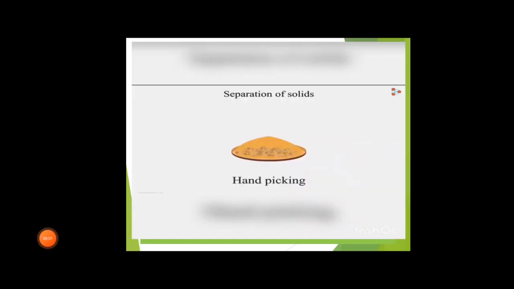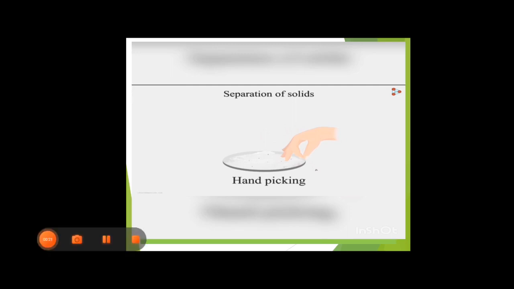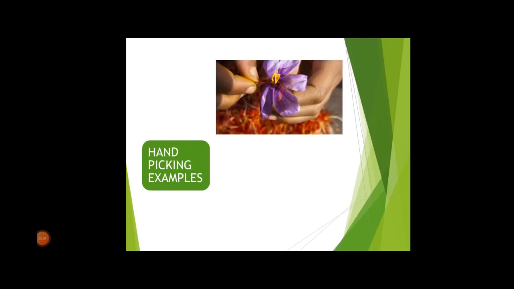Separation of solids by hand picking. From a mixture, unwanted substances are separated by hand picking, like stones removed from rice before cooking. Another example is saffron.